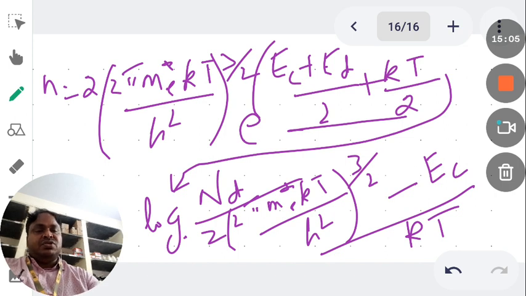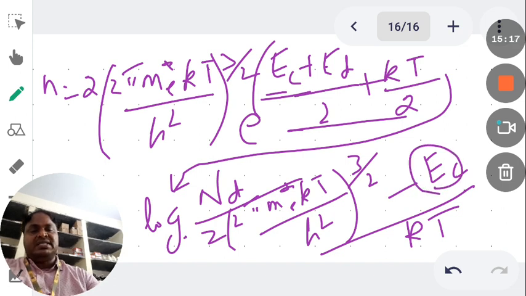Okay, now let's solve this equation. So you can see here you have EC plus ED by 2. Here EC is there. So taking LCM for this, you will get EC plus ED minus 2EC divided by 2. Right? Then EC minus 2EC will give you minus EC. Right?